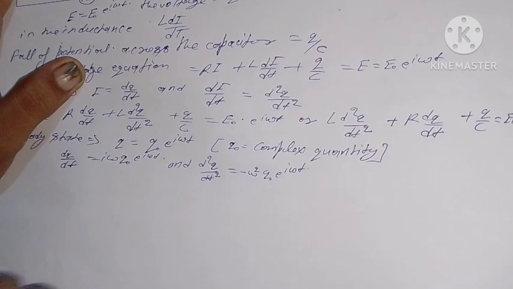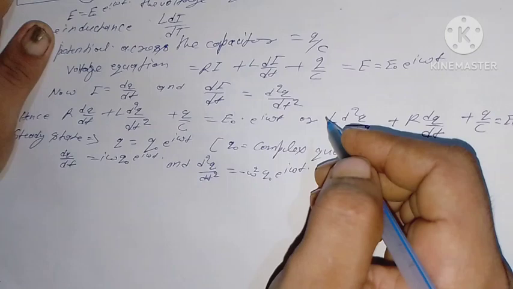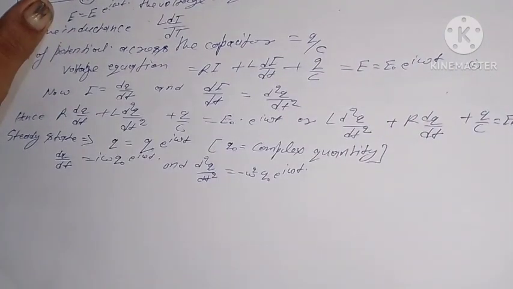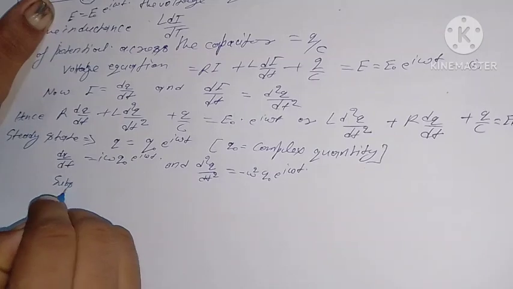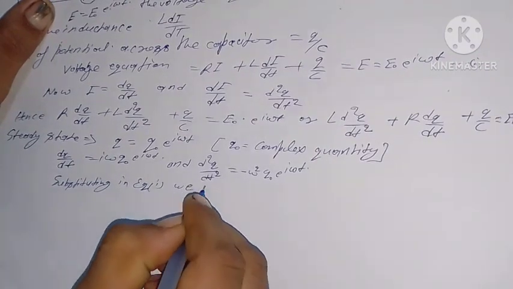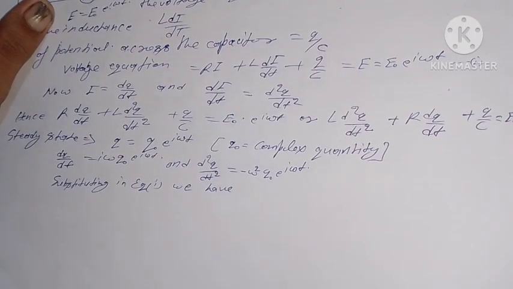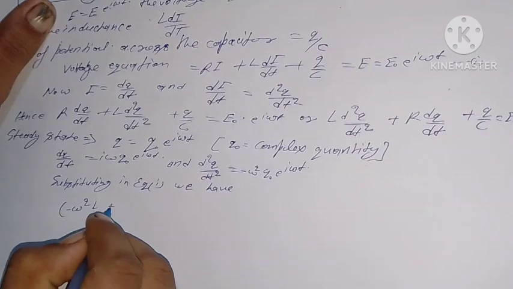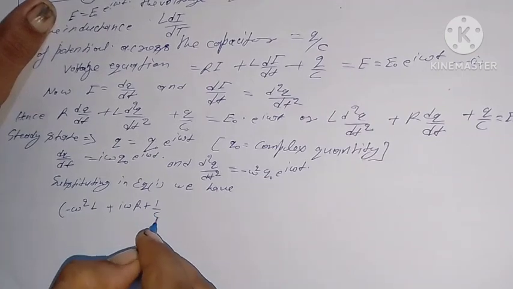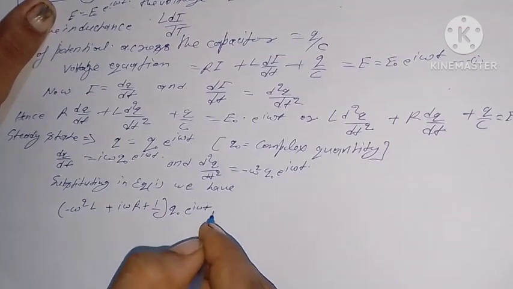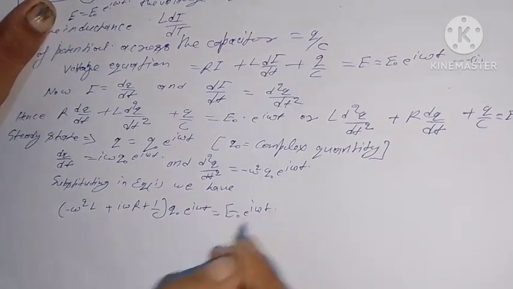Substituting in equation number first, we have minus omega square L plus i omega R plus 1 by C, times q naught e to the power i omega t, equal to E naught e to the power i omega t.